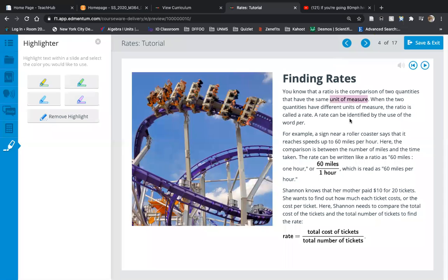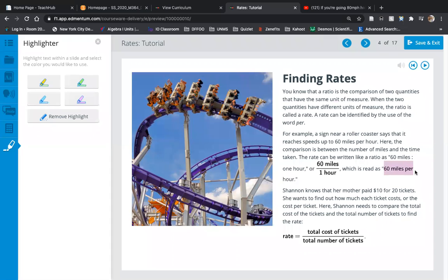We're talking about speed, right? We're talking about how fast things move. We might say that that thing moves 60 per 1 hour, right? So we got it like a ratio, 60 over 1. We can read it as 60 with a colon to 1. A sentence, right? So just like we talked about the different ways to express ratios, we can do that.